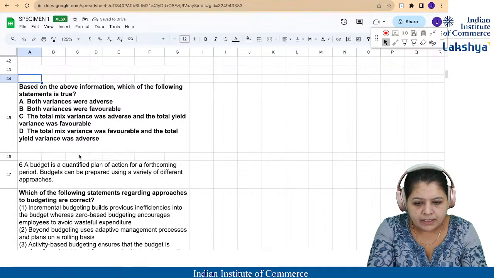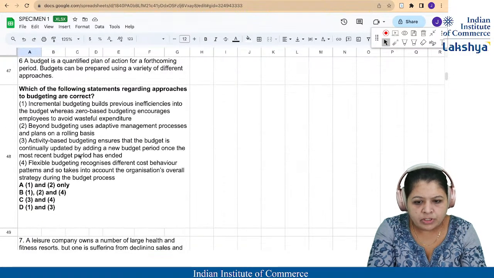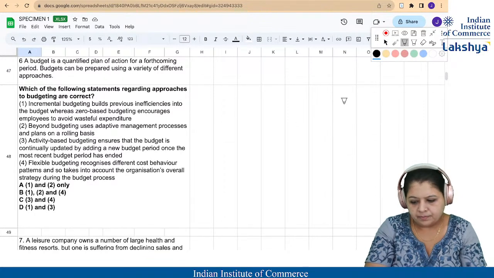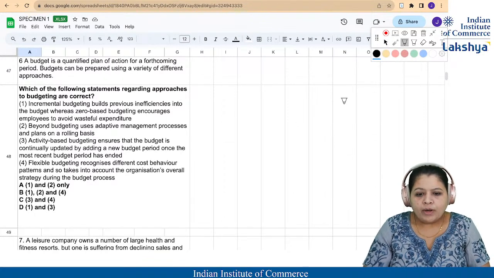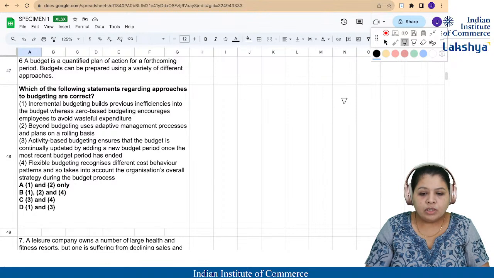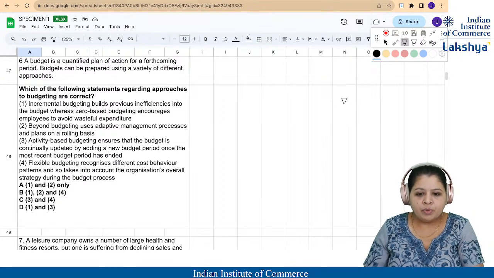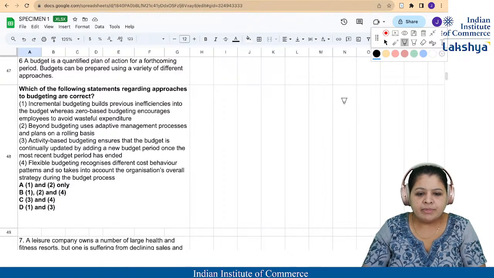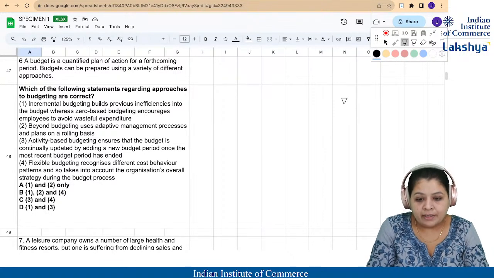Right. Let's go to the next question, which is your question 6. A budget is a quantified plan of action for a forthcoming period. Budgets can be prepared using a variety of different approaches. Which of the following statements regarding approaches to budgeting are correct?